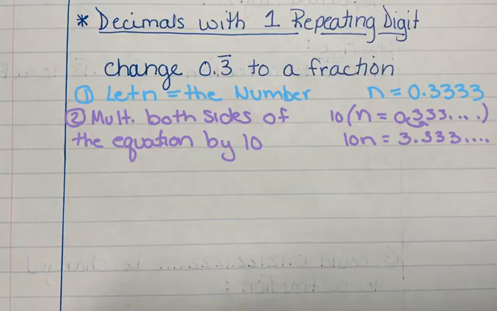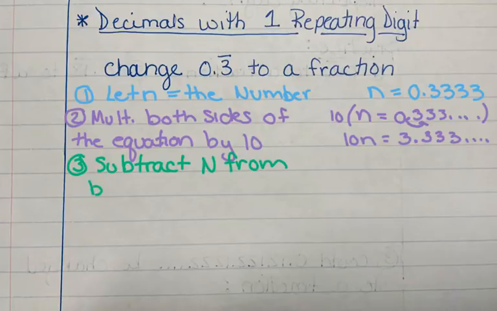All right, let's move on to step 3. I want to subtract n from both sides. Okay, well, if we go back up to the top up here, we said that n was 0.3 repeating.